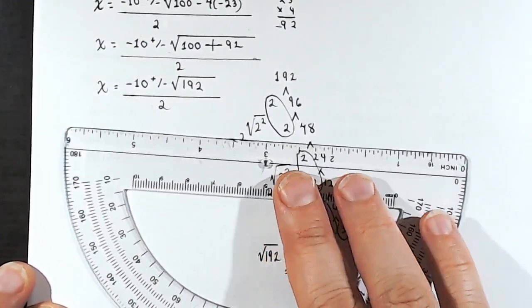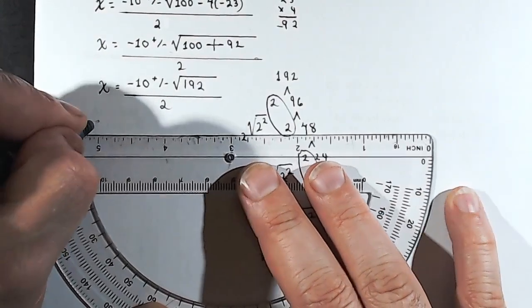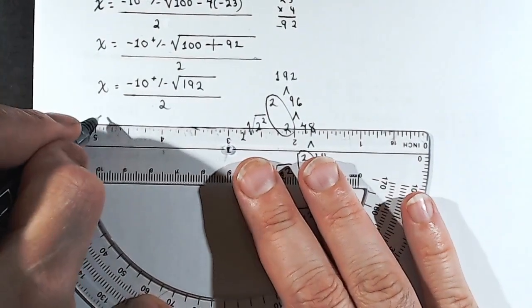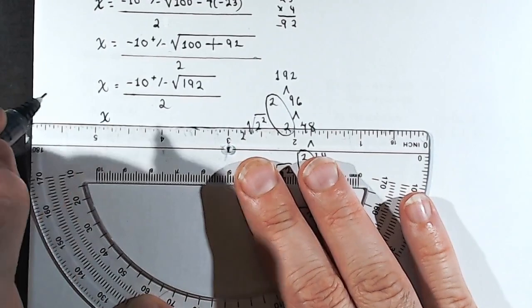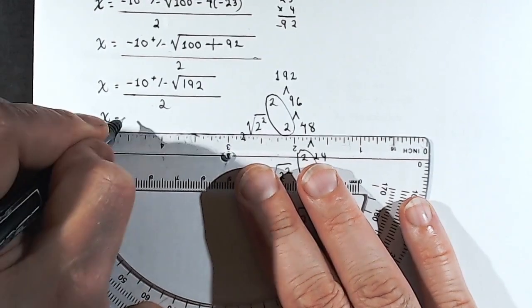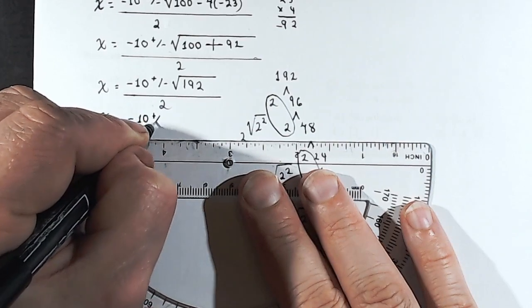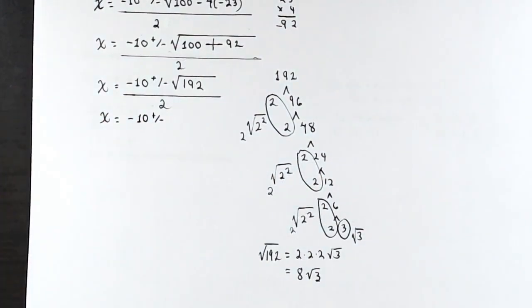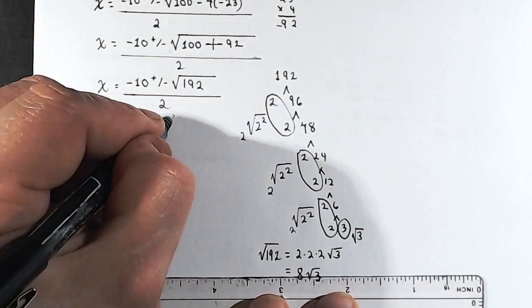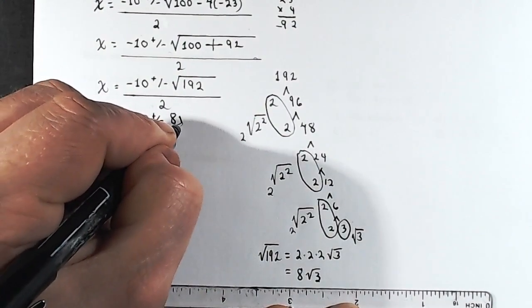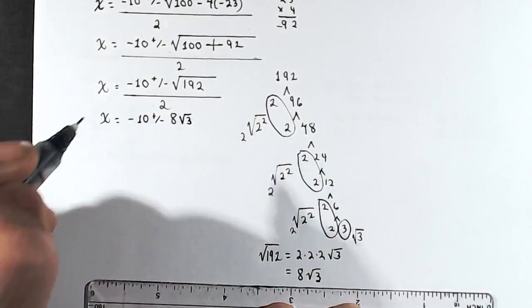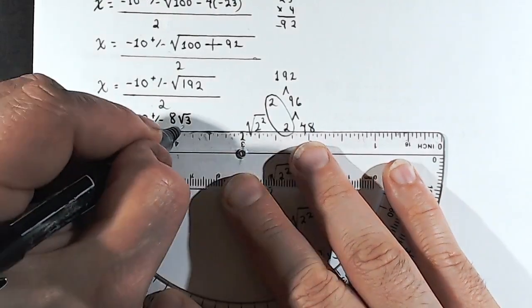So let's go back and write this simplified form. x equals -10 plus or minus, and then we're not going to write square root 192, we're going to write 8 square root 3 all over 2.